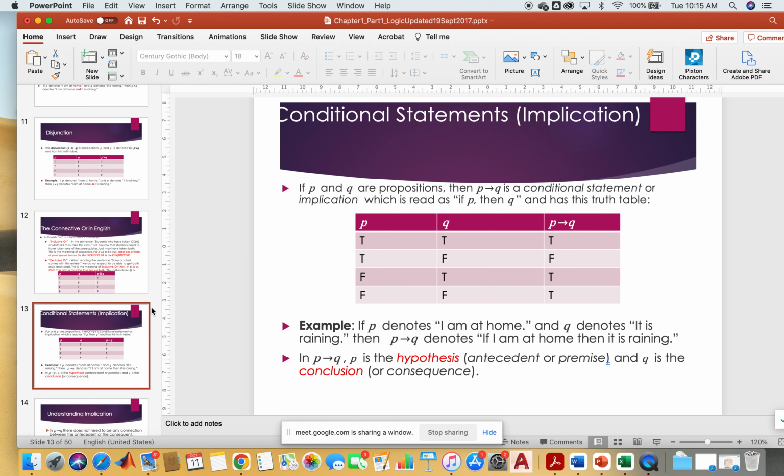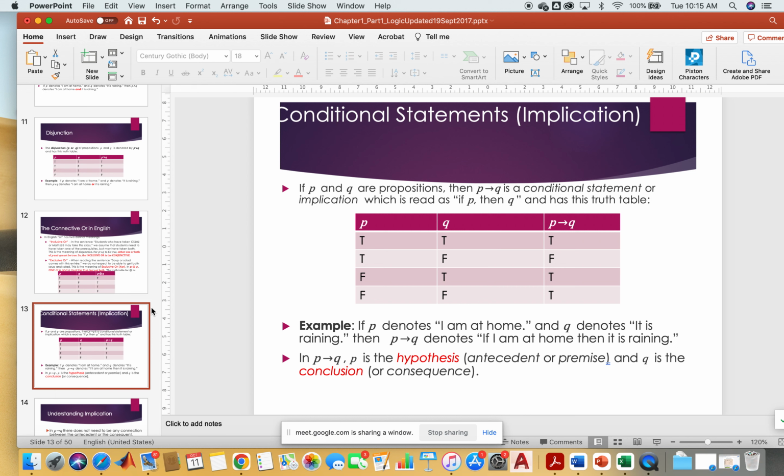Or, if the moon is made of green cheese, then I'm at Harvard. Or, if 1 plus 1 equals 3, then your grandma always contributes. See, there is no connection at all. That's why we do not use this truth table in ordinary English communication, or in any language. Clear? Alright.